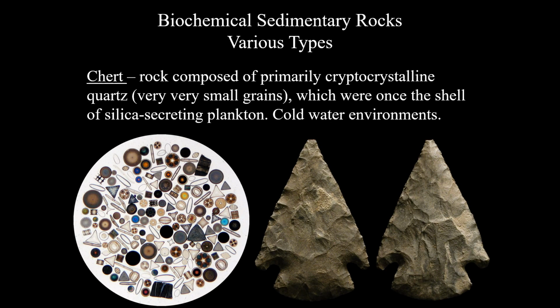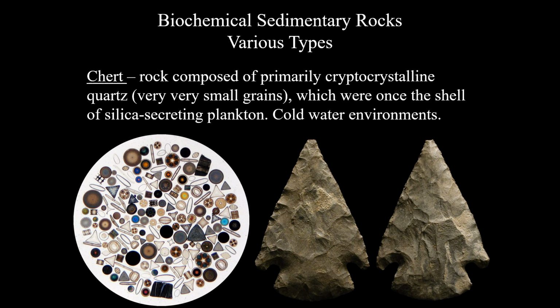Chert is another example of biochemical sedimentary rocks, very similar to the limestone, except this time the little buggers aren't making their shells out of limestone or calcium carbonate. They're making their shells out of silica, or essentially quartz. So these are little plankton that secrete silica, and that's what makes their exoskeletons.